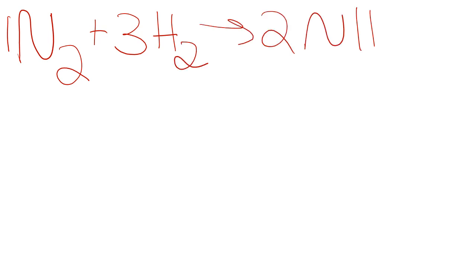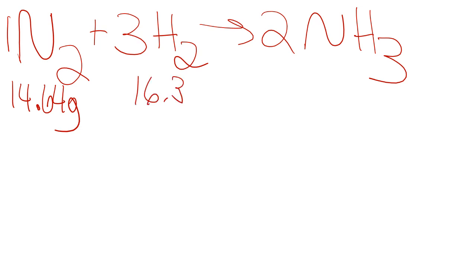Nitrogen, 1 mole of nitrogen, there's nothing written in front of that, plus 3 moles of hydrogen, diatomic, forms 2 moles of ammonia, NH3. And we have to determine what is the limiting reagent. We have 14.64 grams of nitrogen and 16.3 grams of hydrogen.